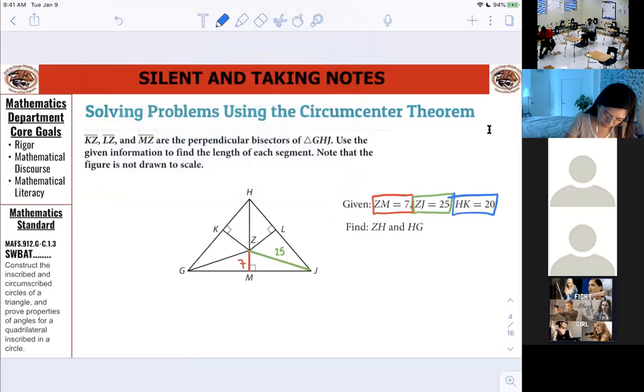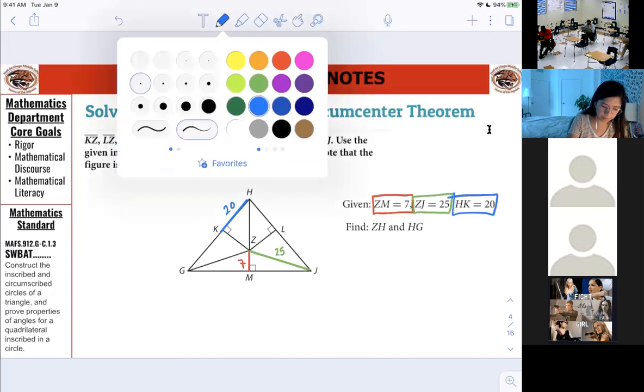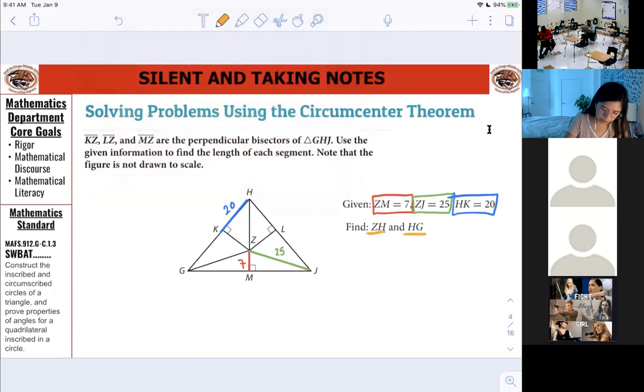HK, right here, that one is 20. Okay. Find ZH and HG. So ZH is right here, and HG is this whole thing over here.